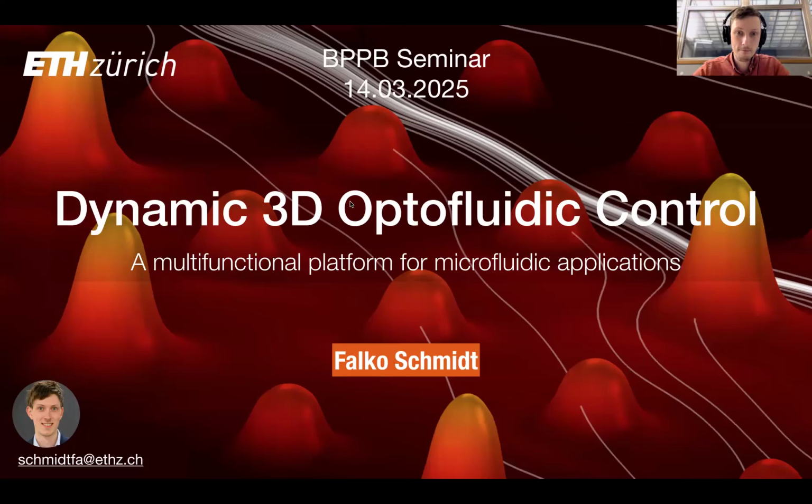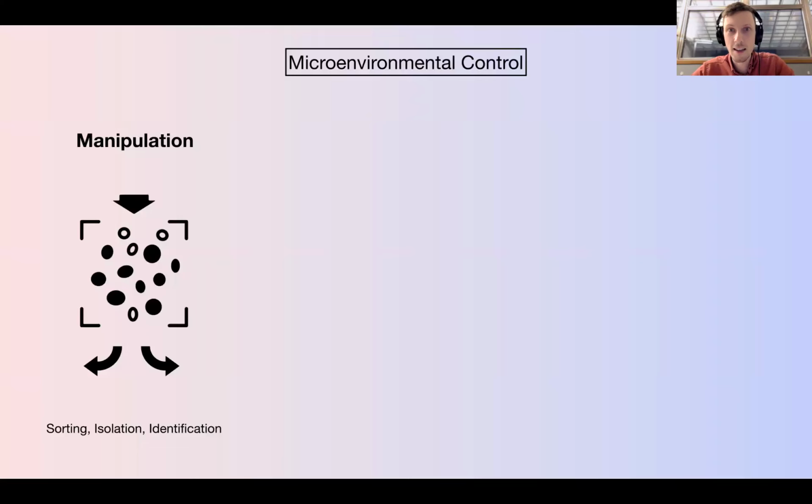Let's get into it. The central topic is how you can gain microenvironmental control. On one side, you need this to do manipulation, because you want to move things from A to B. That would be the simplest thing. You want to steer things, or do even more complicated tasks, such as sorting particles.